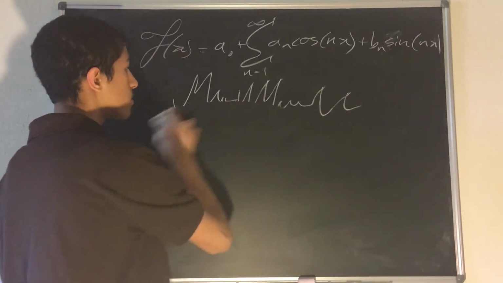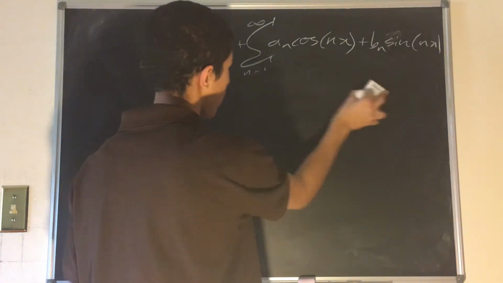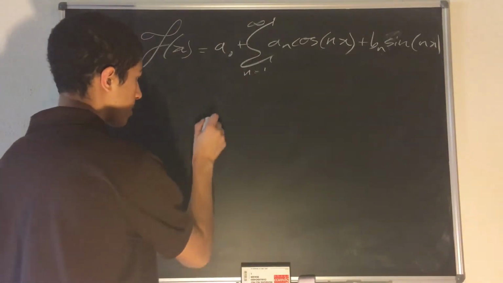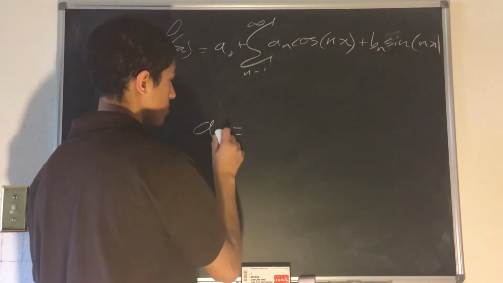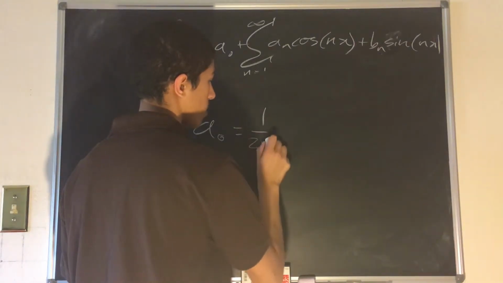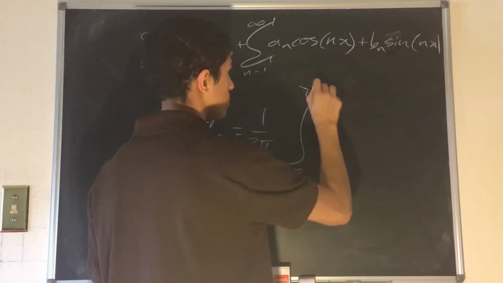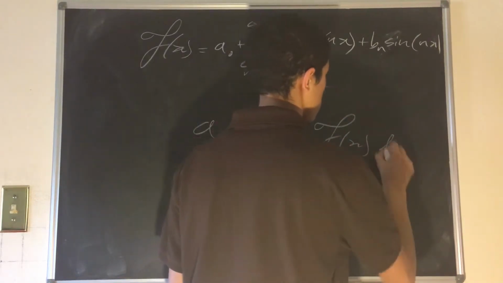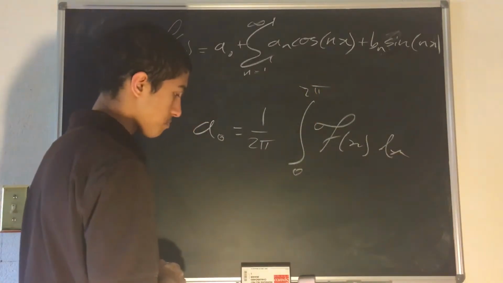So we've already derived the a0 term for a 2 pi periodic function, and that a0 term was equal to 1 over 2 pi, integral from 0 to 2 pi of f of x dx.